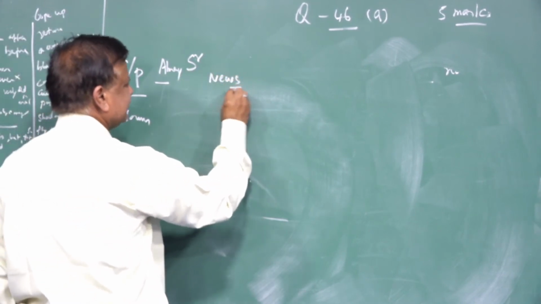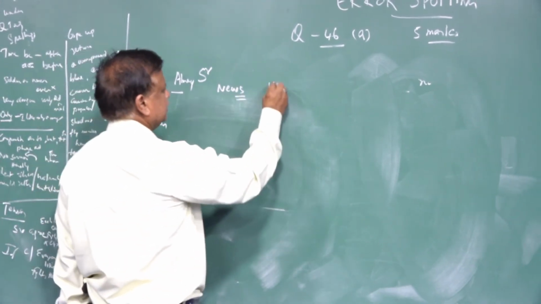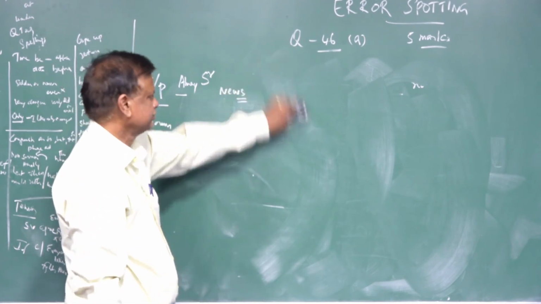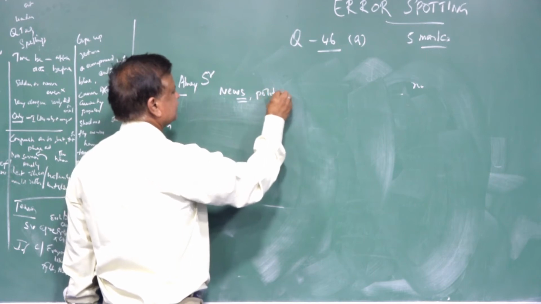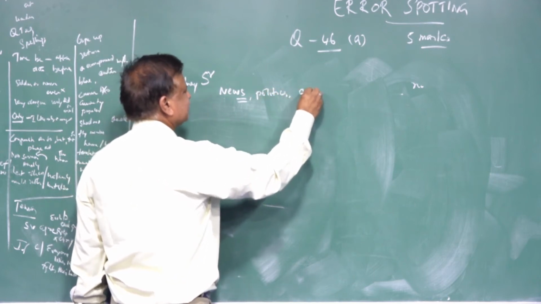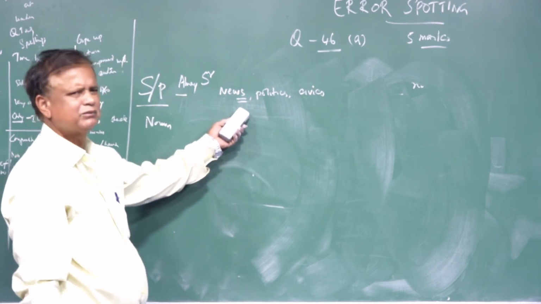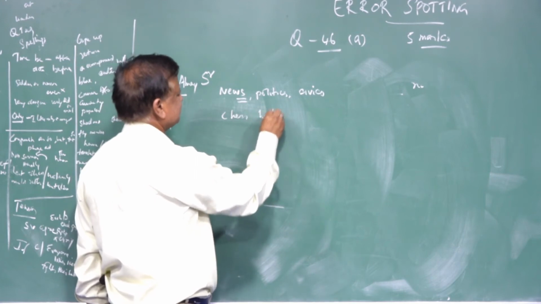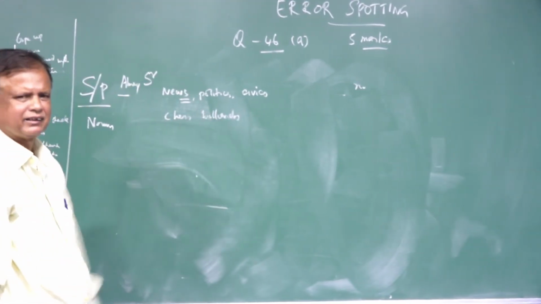It might end with s, but it is singular. No news is good news. Similarly, politics, civics, economics, physics, any subjects like that, and games like chess, billiards, are always used in the singular.